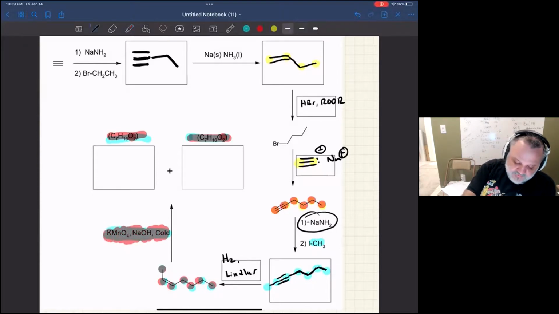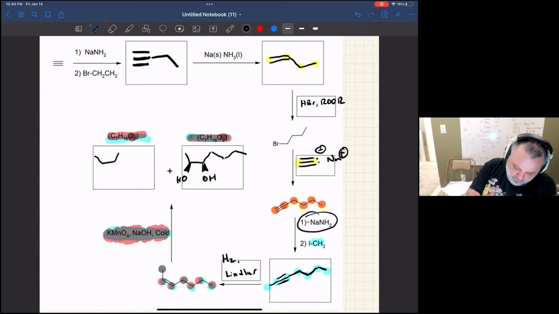And so that means that if I were to draw the alkene and then draw the possible structures, I would have to show them with both possible stereoisomers. And that's what's going on here with my 2 products.